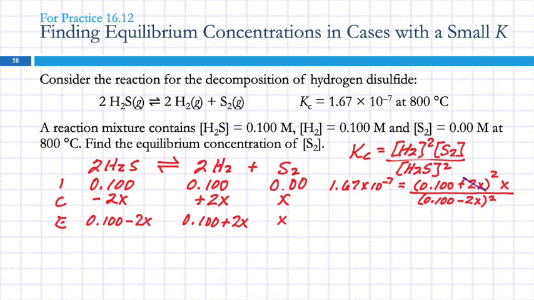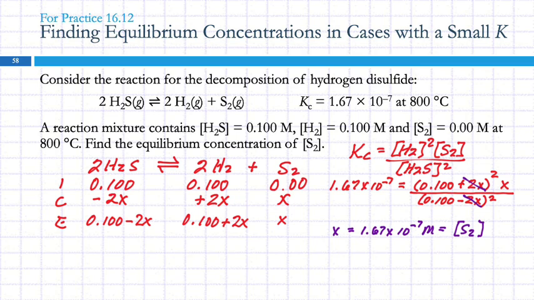Because the 2x then is inconsequential there and there. So we have 0.1 squared over 0.1 squared. Those cancel out entirely. And x is equal to 1.67 times 10 to the minus 7 molar, which is the concentration of S2.